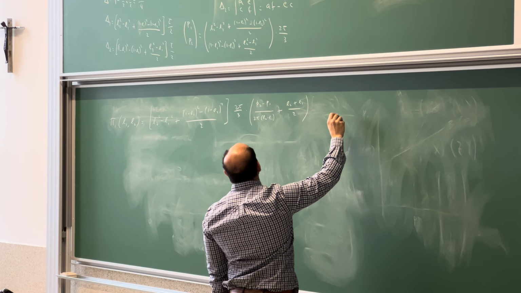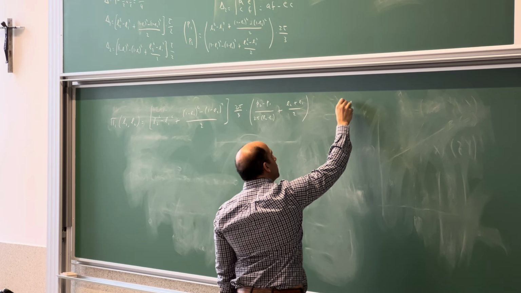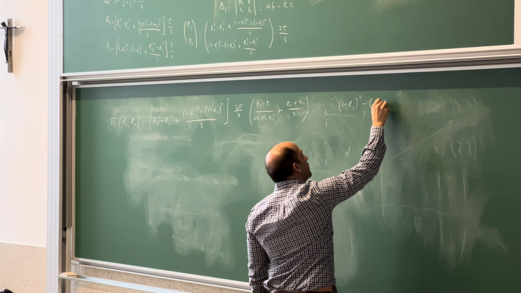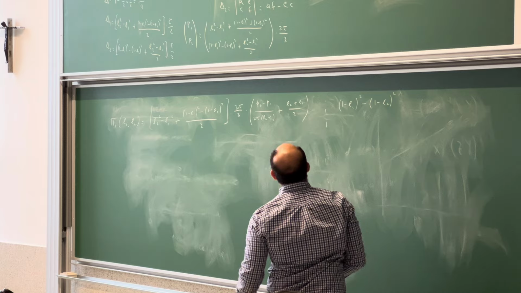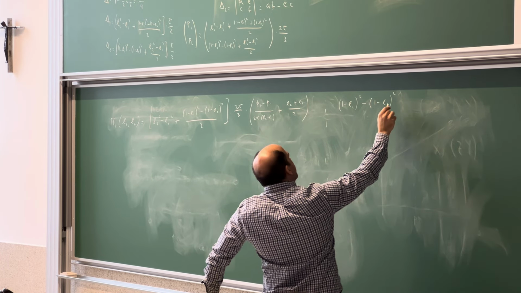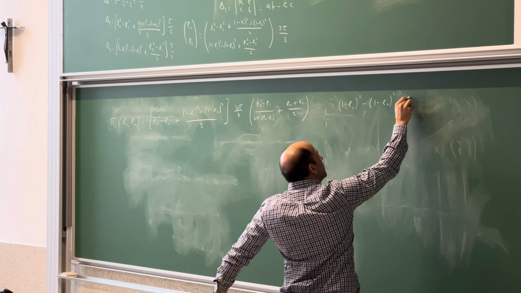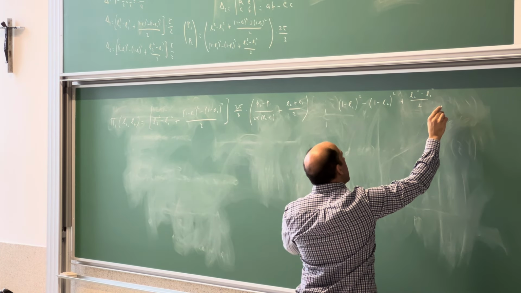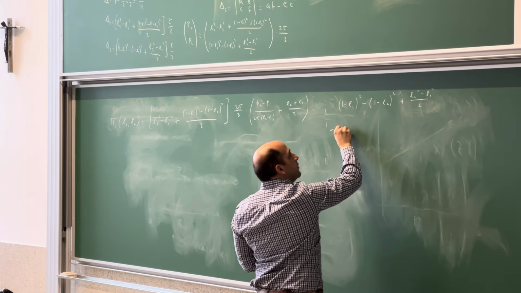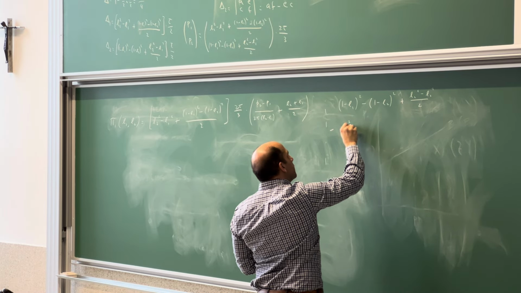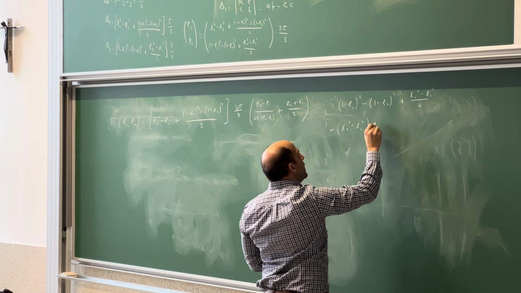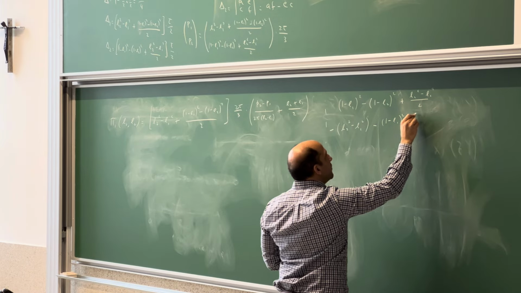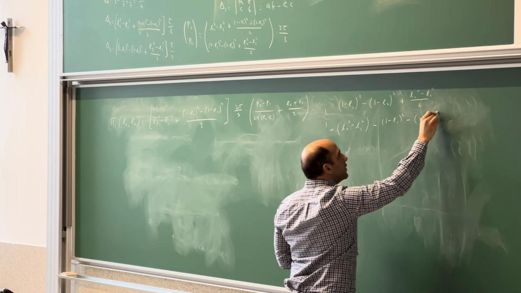That's going to be 1 minus L1 squared, I'm just going to take it on the side, minus L2 squared plus L2 squared minus L2 squared over 2 minus L2 squared minus L1 squared minus 1 minus L1 squared minus 1 minus L2 squared.